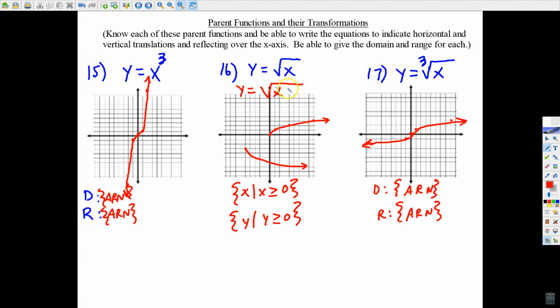So that would be x plus 5, and you've moved 1, 2, 3 down. That's minus 3. And you notice how we've taken this parent and flipped it over the x-axis. And so that would require a minus sign in front of the radical. So again, just want to give you a heads up. Be prepared for looking at a graph and coming up with the equation for the transformed parent.